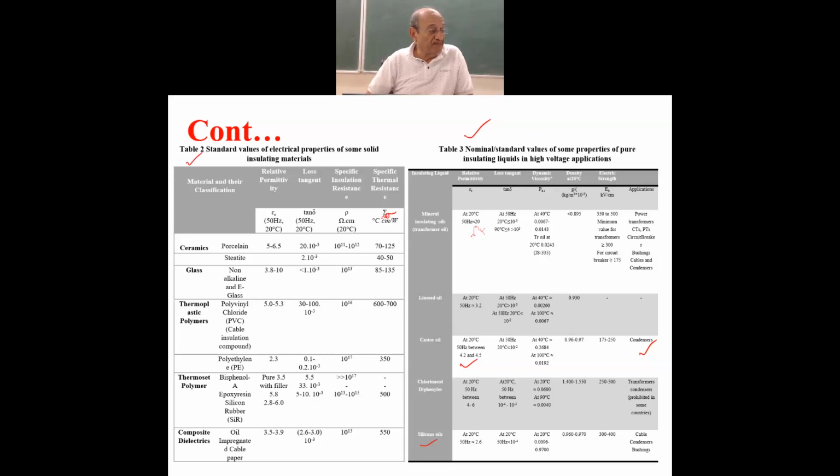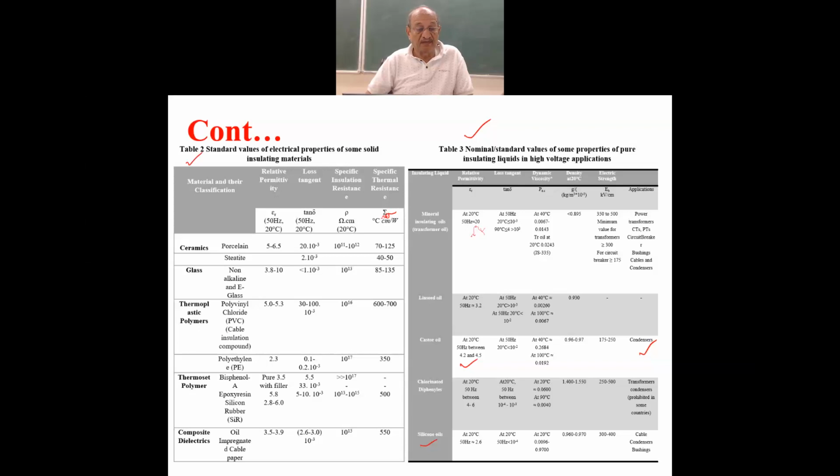So measurement of tan delta of liquid and solid dielectrics under specified conditions is a common practice for assessing the quality of the dielectric and also for assessing the quality of finish of the dielectric on an equipment or on apparatus.